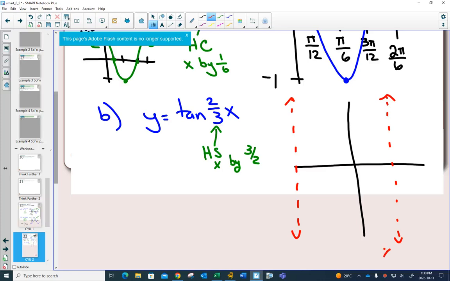Now, if this asymptote was at pi over 2, and we multiplied our x values by 3 over 2, 3 over 2 times pi over 2 will be 3 pi over 4. And this one then would be at negative 3 pi over 4. That point won't change.